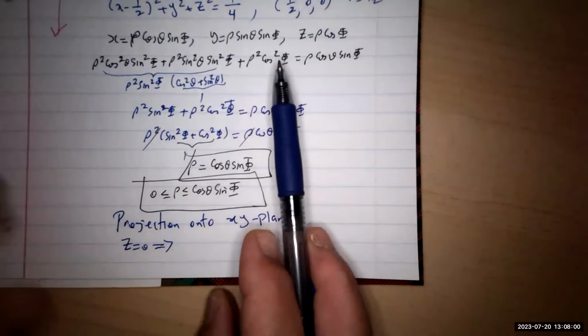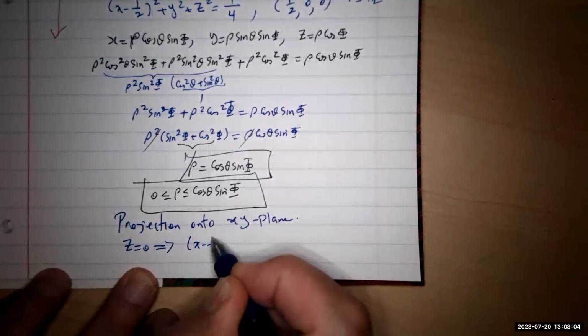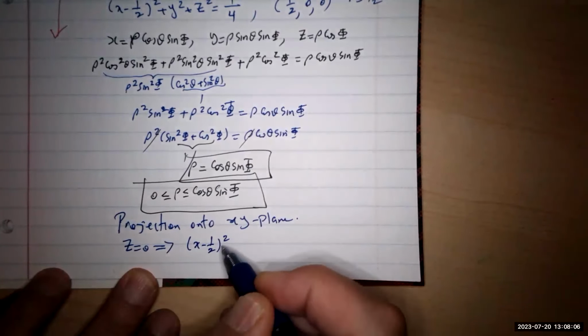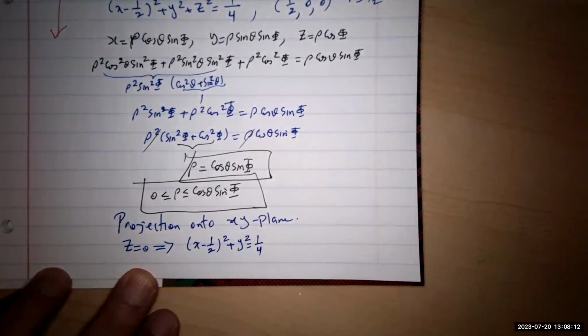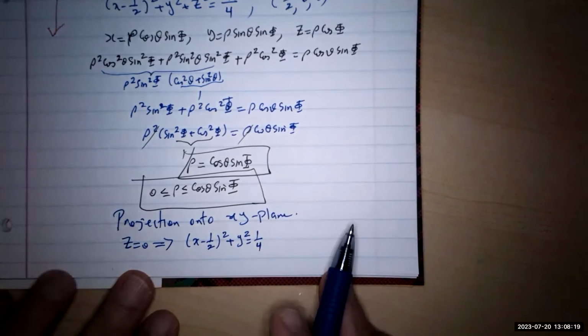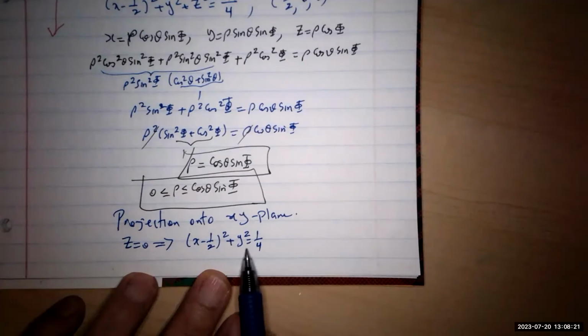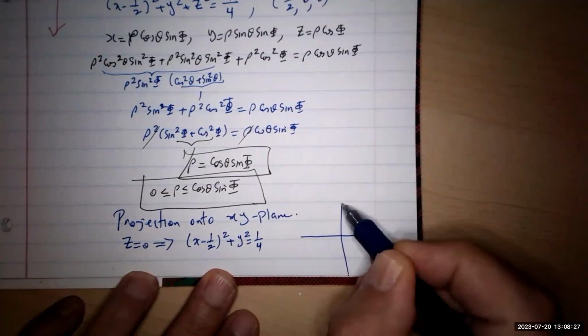You end up with x minus 1/2 all squared plus y squared equals 1/4. So that gives you the case. It is going to be a circle, but it's not centered at 0. It's going to be a full circle.